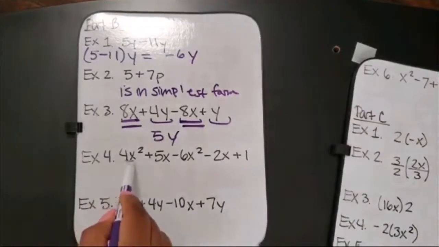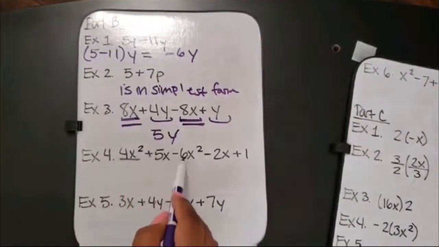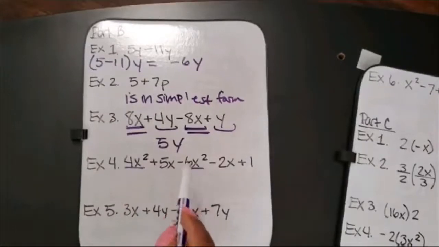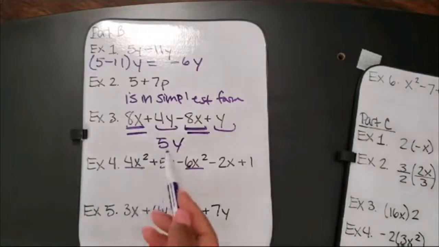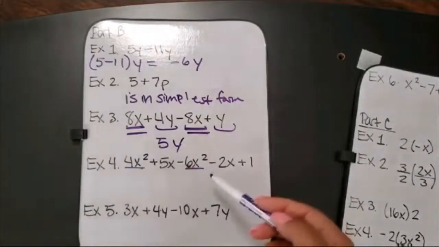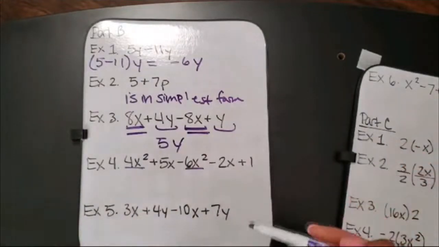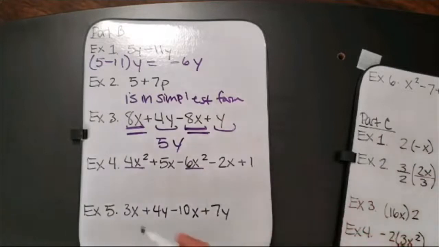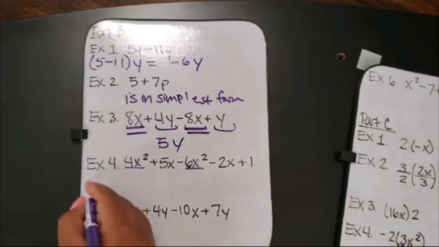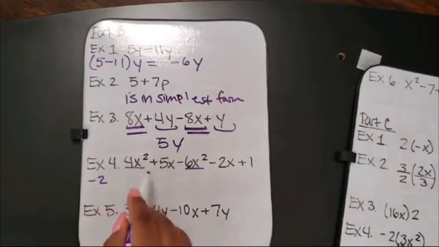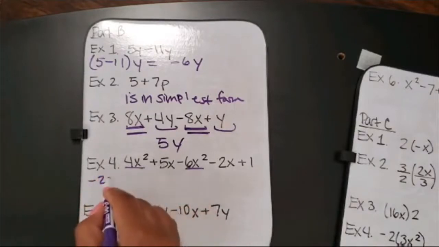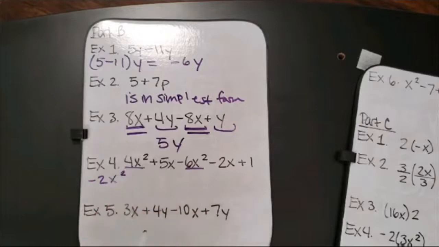So everything that has x squared can be combined because that variable is alike. So 4x squared minus 6x squared, we're basically looking at 4 minus 6, which is -2. And we keep that variable that they have alike.